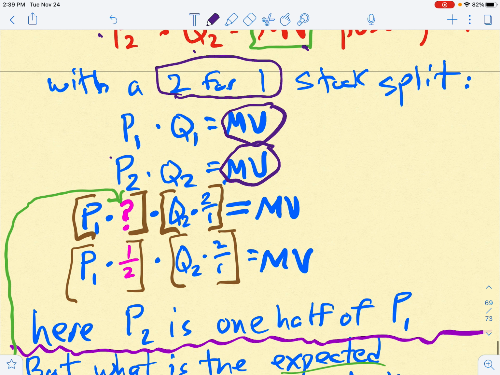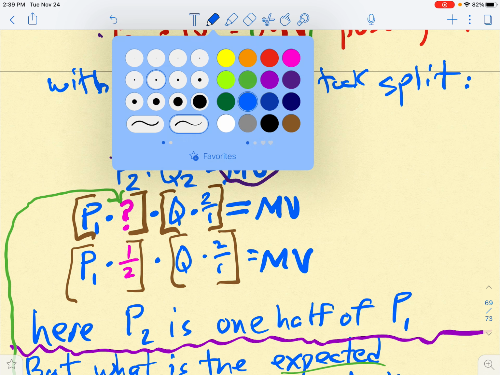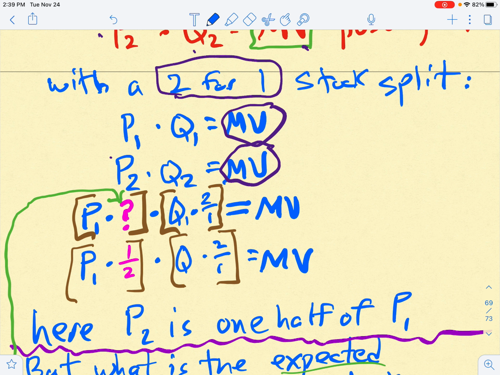And then Q2 can be described as Q1 times 2, right?